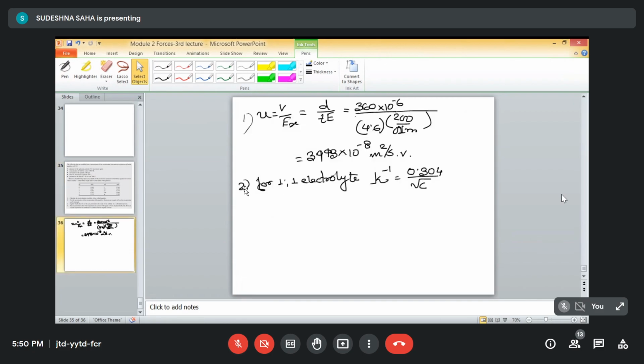So we can put that value over here in order to obtain the K inverse value, and from there we can calculate the value of K. K inverse is coming around 5.55 nanometer, and K will be the inverse of that. So this will be around 1.8 into 10 to the power 8 meter inverse.